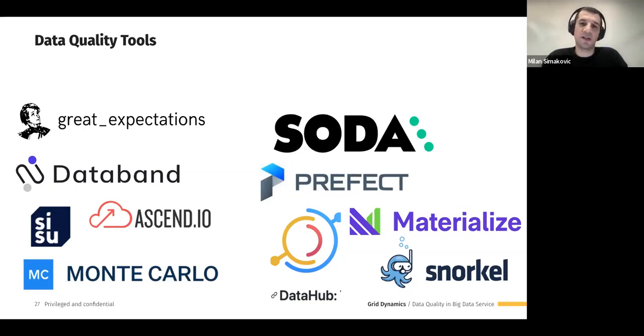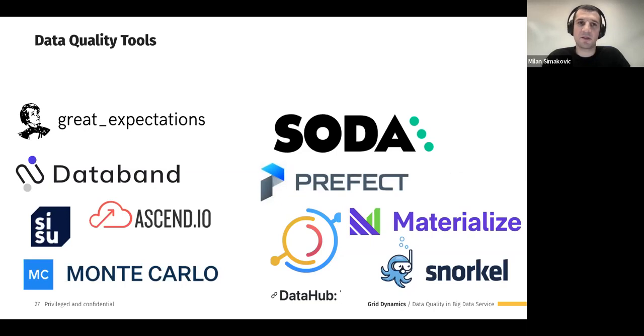All of those tools are relatively young, because data quality in big data has been a buzzword for the last couple of years. And we see that their full implementation and full value will come in the following years. So from those specific tools, we selected one and will give you a brief overview of it.